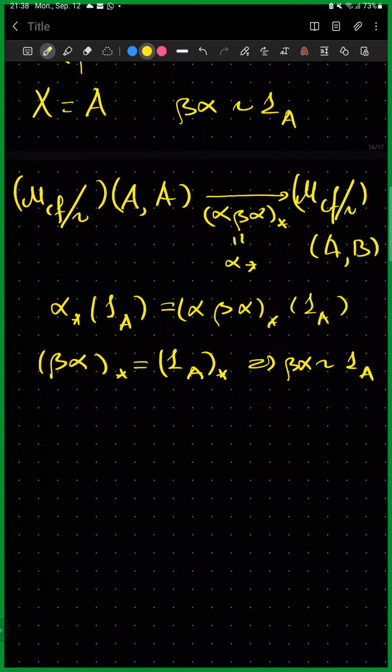Okay, so now let's prove the converse statement, namely that if we have a homotopy equivalence, then it is in fact a weak equivalence.